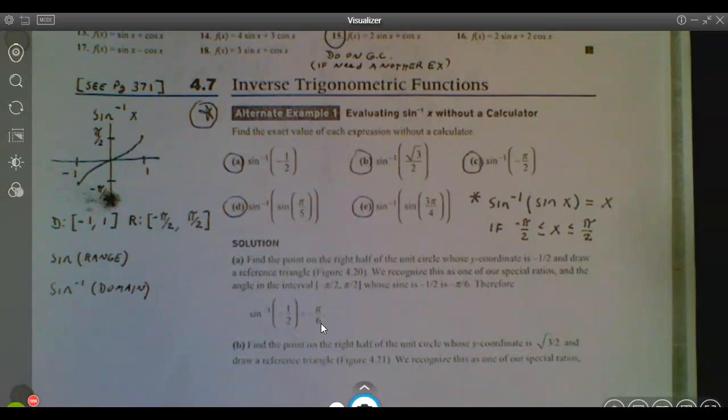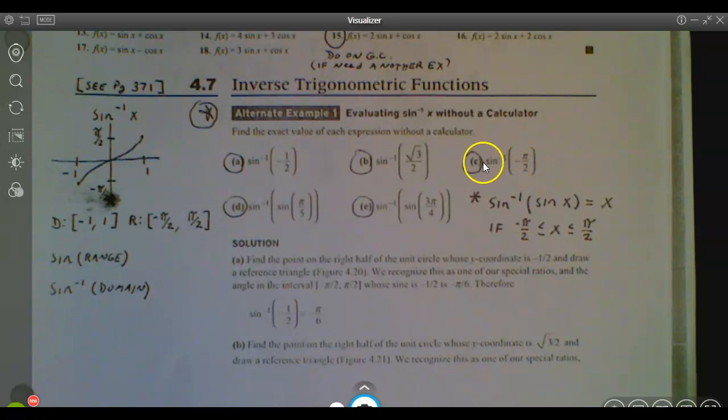But as far as these questions that we're looking at right here, what they're asking for is, what's the answer your calculator is generating? What is the answer within this one-to-one function that we're looking at? That's the answer that we're giving. Don't be thrown by this. I know this looks like an angle, but it's not.